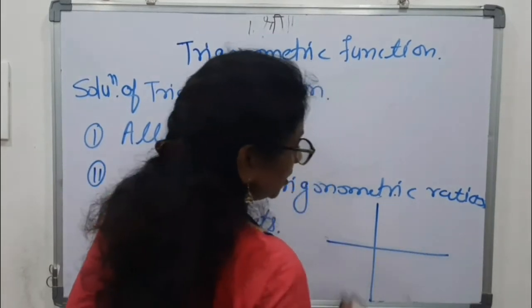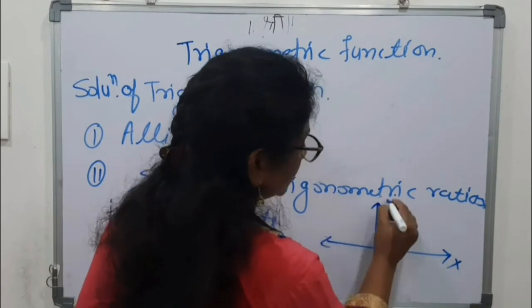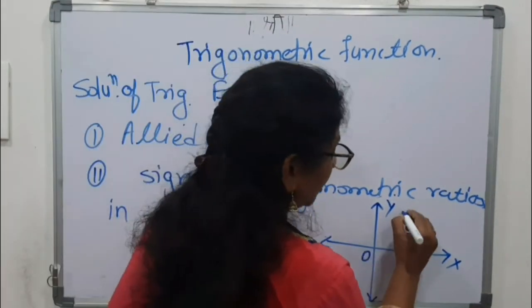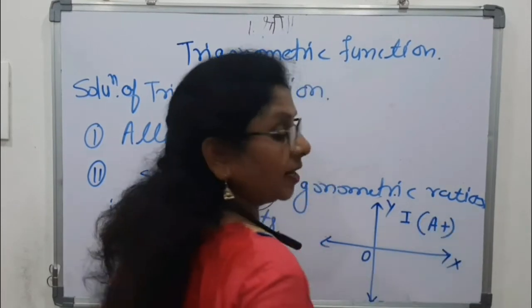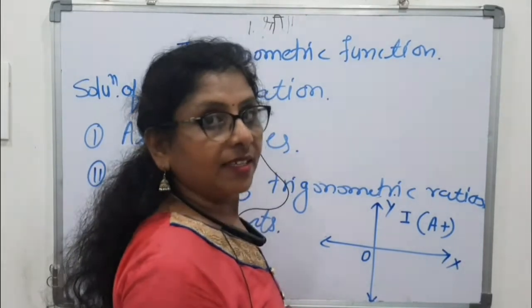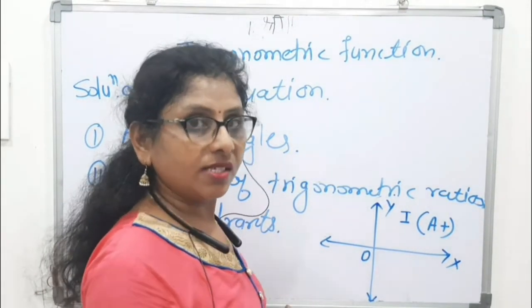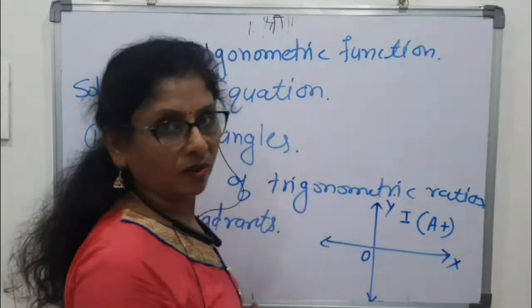This is your coordinate system. This is the x-axis. This is the y-axis. This is the origin. This is the first quadrant. In the first quadrant, all trigonometric ratios are positive, meaning sine, cos, tan, sec, cosec and cot. All 6 ratios are positive in the first quadrant always.